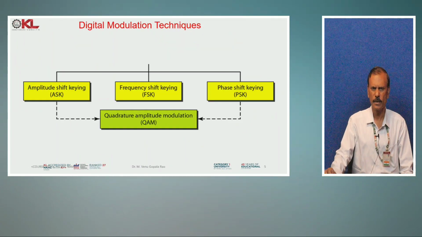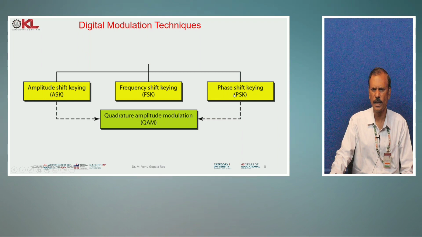So now, what are the types of digital modulation techniques? Usually there are basically three types of modulation, which we call amplitude shift keying, frequency shift keying and phase shift keying.